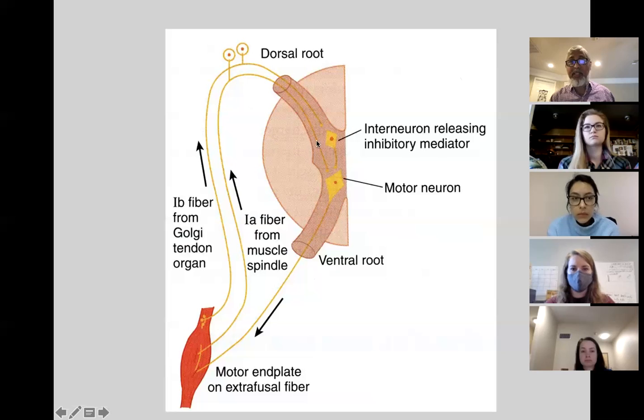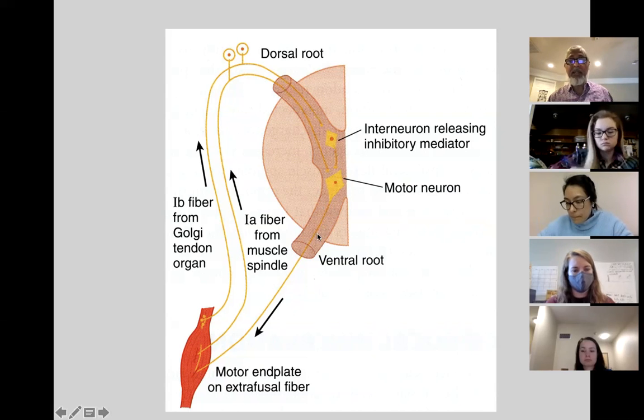The fibers from muscle spindle synapse directly on the motor neuron, but the fibers from Golgi tendon organ synapse in the interneuron, which is inhibitory. Okay, that's why when you stimulate this pathway, this one will be inhibited. When you stimulate this pathway, this neuron will be stimulated.